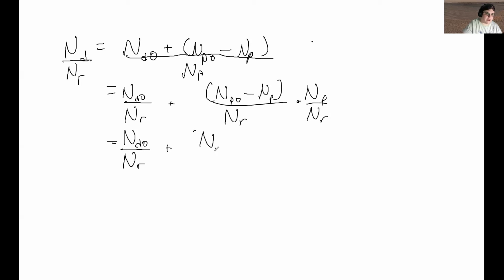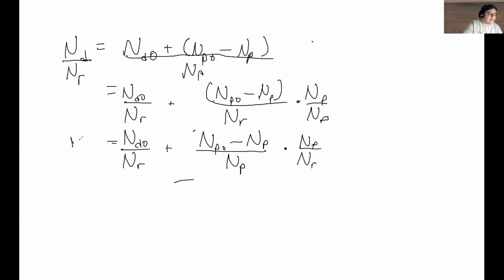So we have number of parent naught minus number of parent, divided by number of parent now, times number of parent divided by number of reference. So I multiplied both top and bottom by the same thing. This number is essentially 1. And then I just rearranged it.